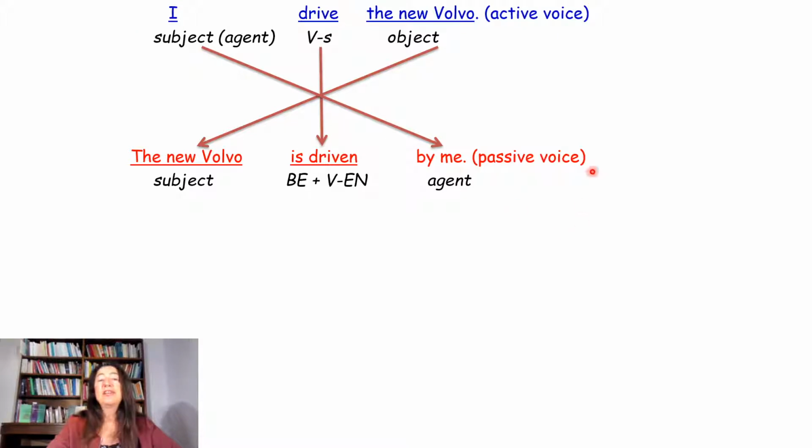So traditionally, it is said that the passive voice is basically the reverse diagram if we compare it to the active voice.